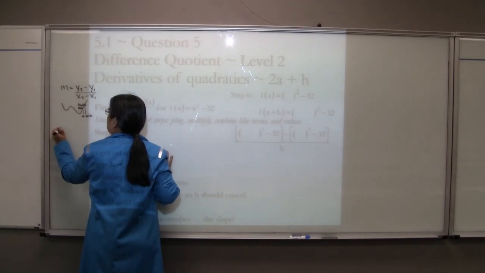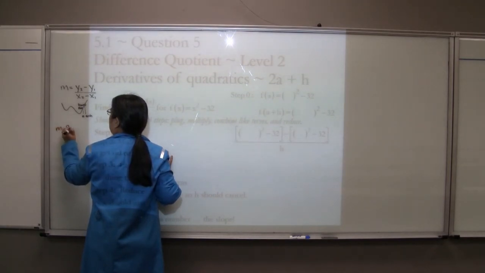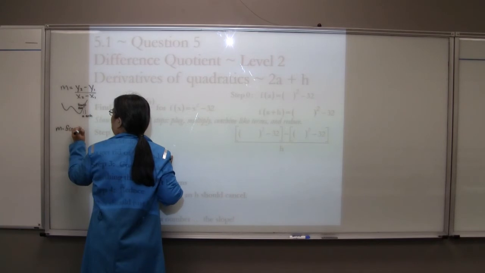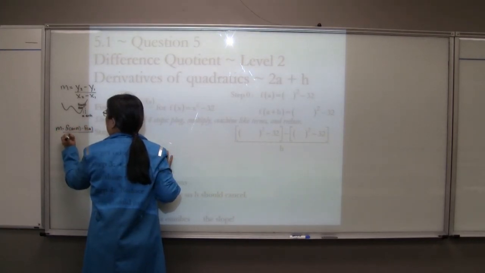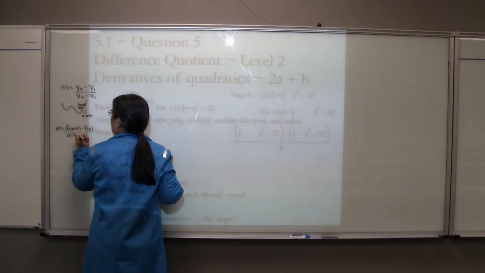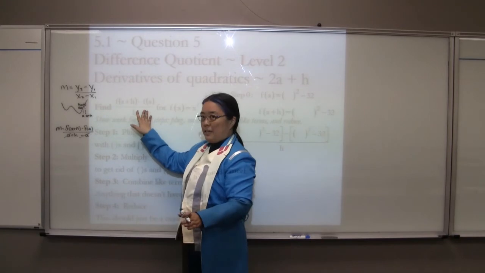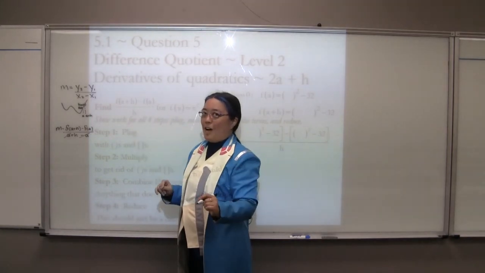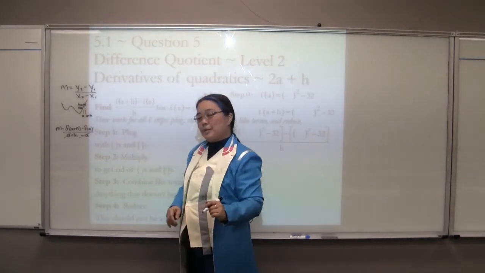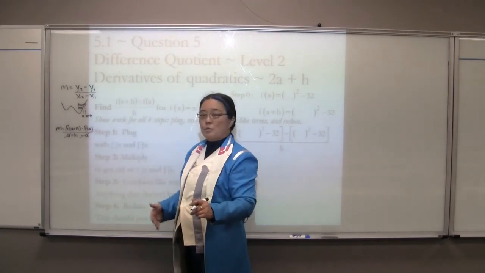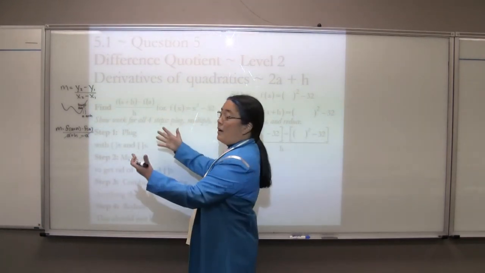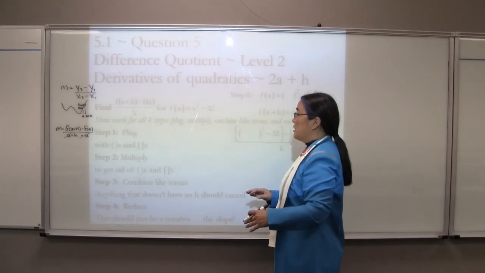So our slope is now f of a plus h minus f of a all over a plus h minus a. The a's will cancel out, which is how we're getting this formula here. You don't have to know how we got the formula, we just have to be able to use it. But this is to prepare you for the fact that later on, this will give you the slope.